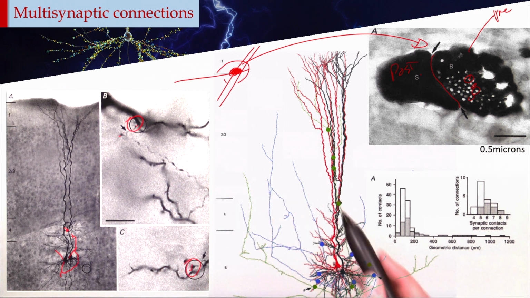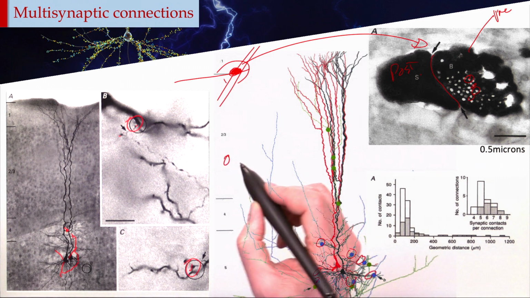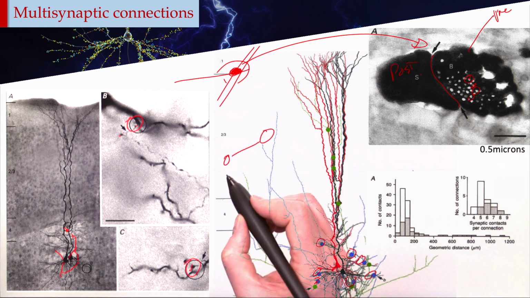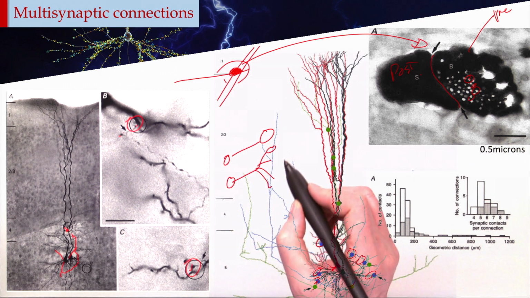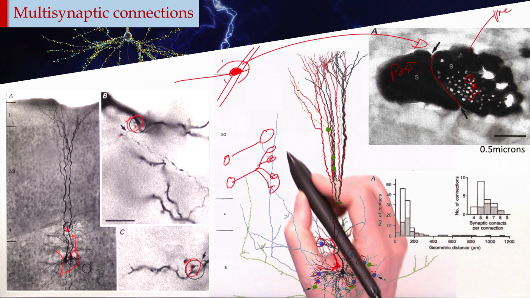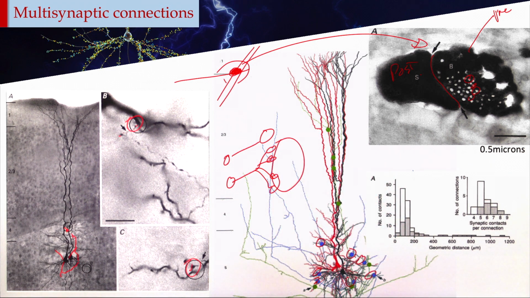Now what is important in this is that when we did this analysis, what immediately became clear is that one neuron connects with another neuron by putting many synapses. So this is not a point contact, it's a hand contact. Lots of synapses onto a single neuron.